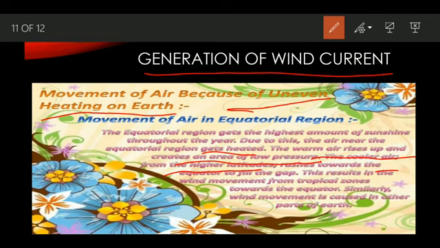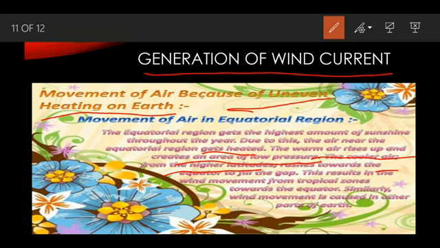Air moves from high atmospheric pressure to low atmospheric pressure, meaning from high latitudes towards the equator, and in this way the winds move from high latitudes to the equator and wind currents are generated. This results in the wind's movement from the tropical zones towards the equator. Similarly, wind movement is caused in other parts of the earth.